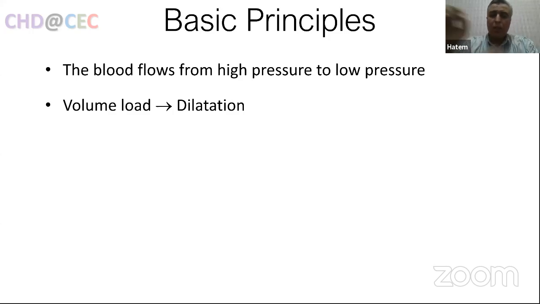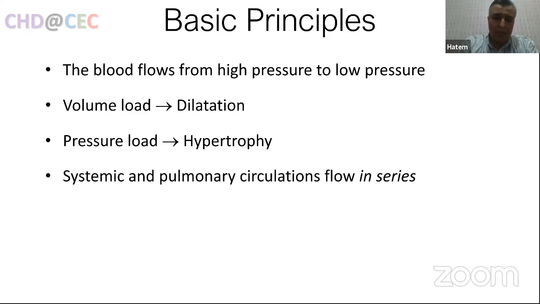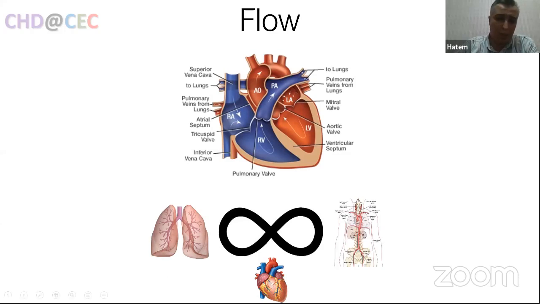And now the important fact that in a normal heart, systemic and pulmonary circulations flow in series. So they follow each other. All the blood going to the systemic circulation has to come back from the pulmonary circulation, and all the flow going to the pulmonary circulation has to come back from the systemic. This is an important concept here.